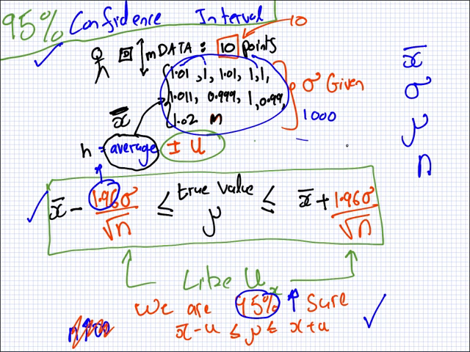By the way, we can never know this because we would need to have all the data to know the true value. So this is always in the middle. Right, give me the confidence interval. Go calculate.